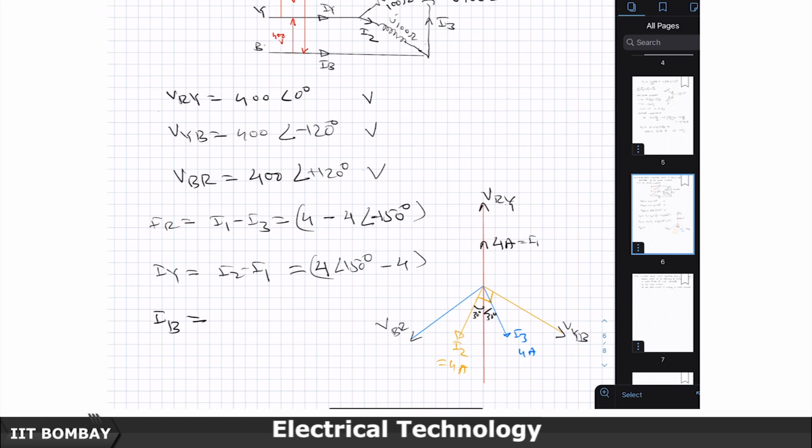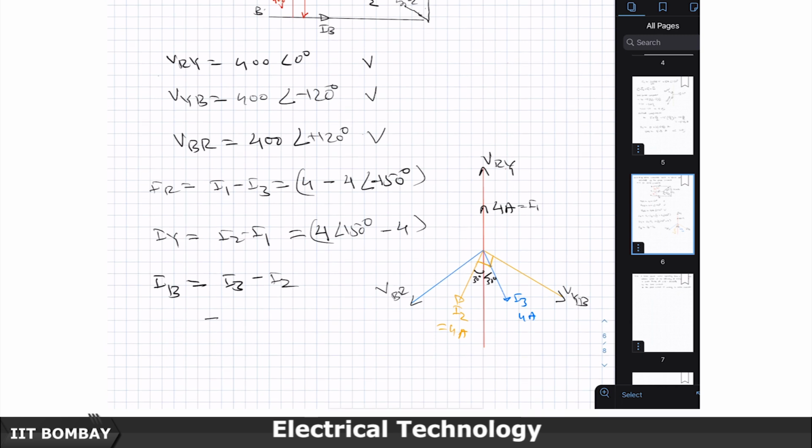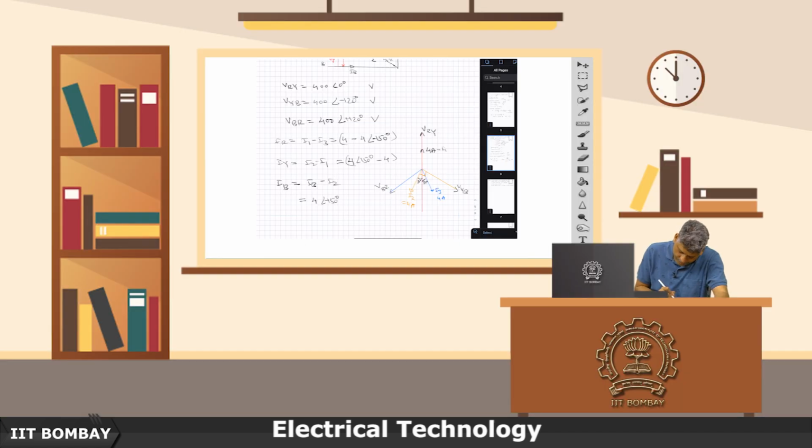And IB is I3 minus I2. So, I3 is 4 amperes lagging by minus 120 degrees, minus 150 degrees, minus I2, and I2 is 4 amperes leading by 150 degrees.